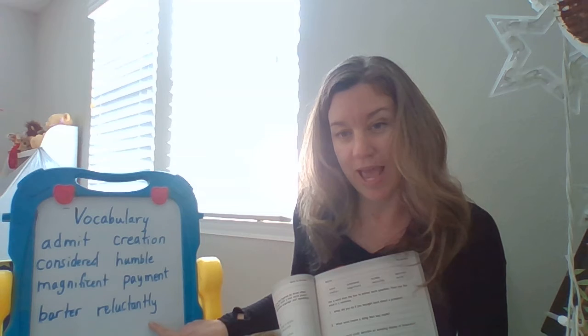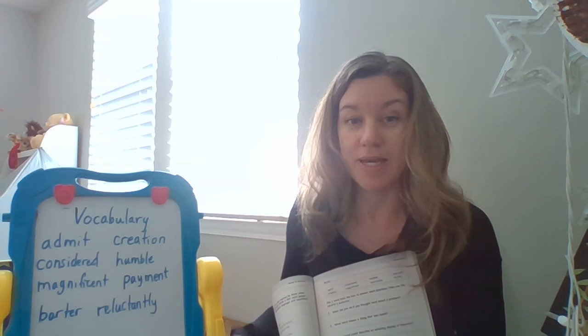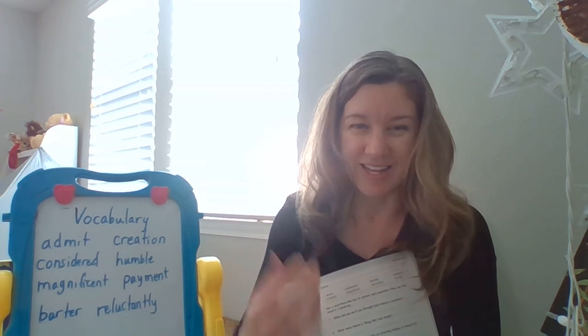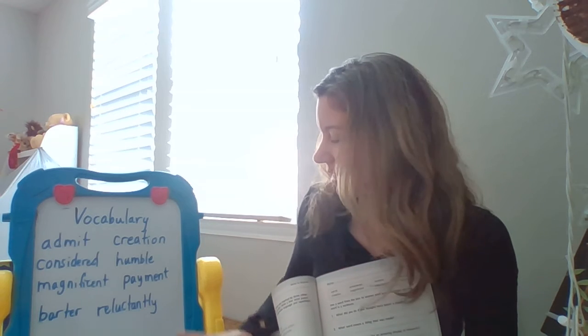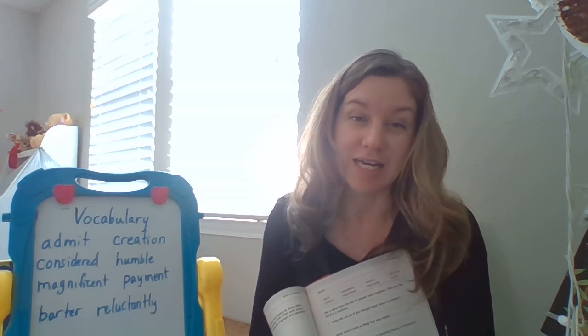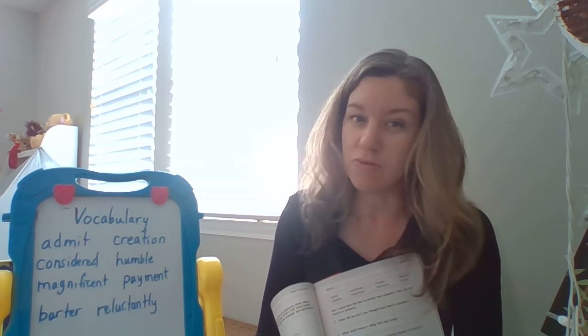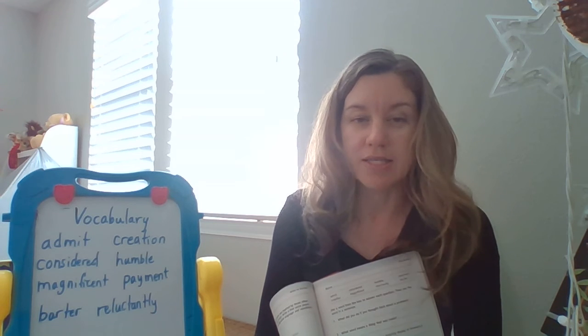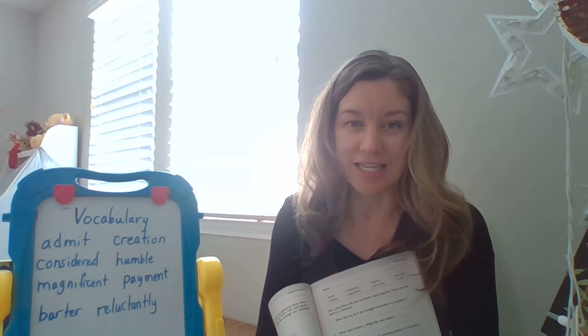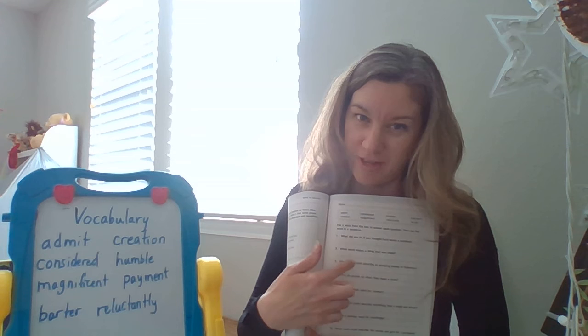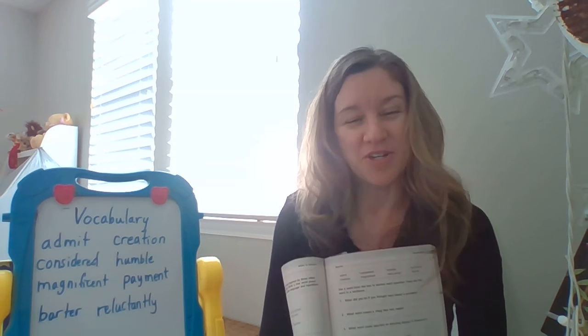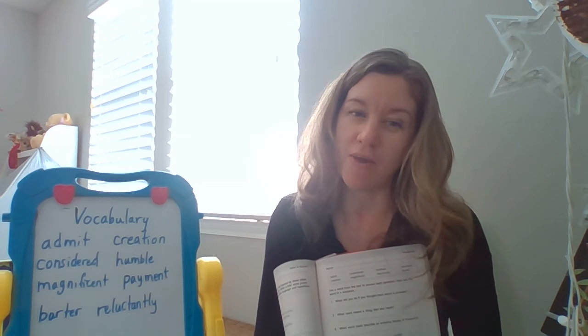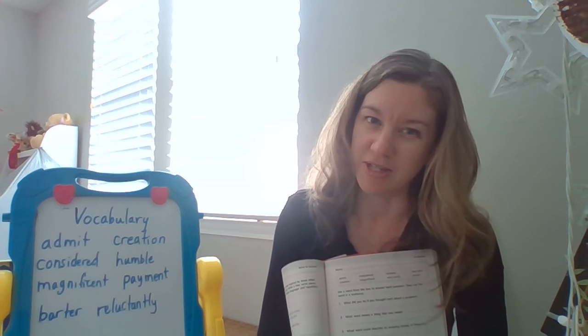We don't have very many adverbs, but we can spot them easily because they end in ly, like the word easily. So reluctantly, if I take off the ly, I get reluctant. If you're reluctant, you don't want to do something. So if you're doing something reluctantly, hopefully not page 201, you're doing it in a way that shows that you don't really want to do it.